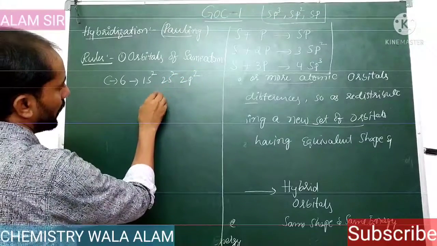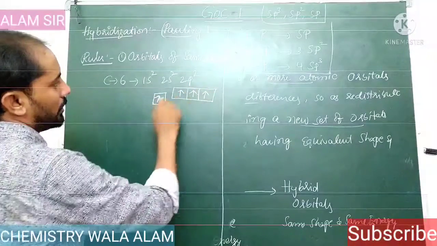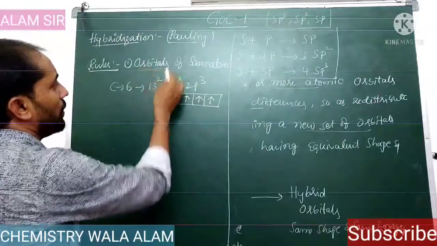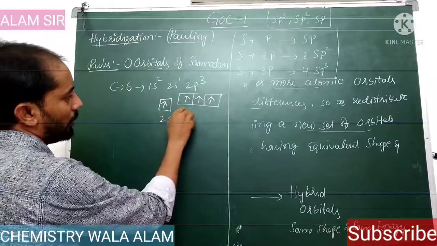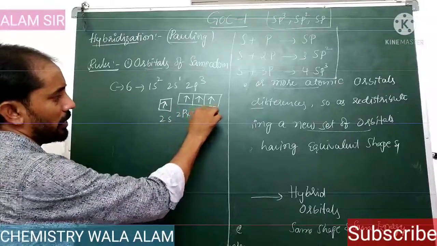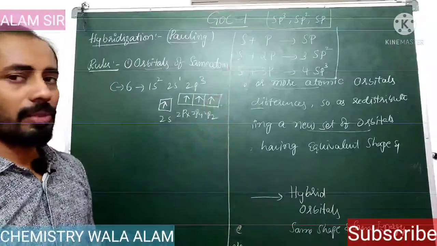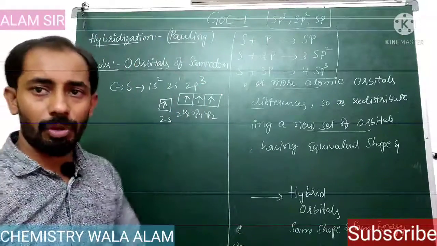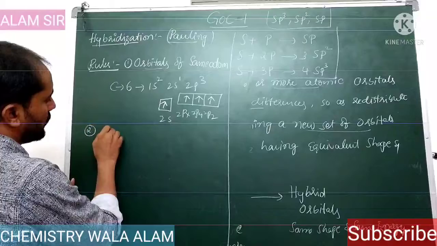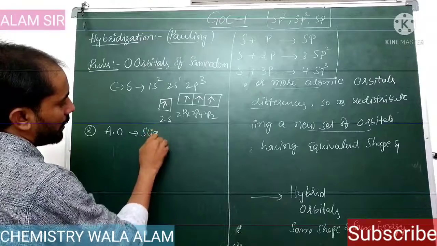In the excited state you can write 1s2, 2s1, 2p3. So here, orbitals of the same atom: the 2s orbital and 2px, 2py, 2pz. These carbon orbitals cannot intermix with any other atom. Orbitals of the same atom only are involved in hybridization. And the second point is that these atomic orbitals have slight energy differences.